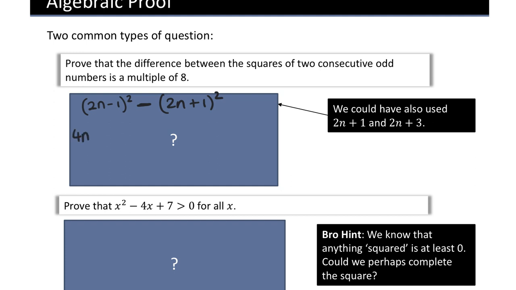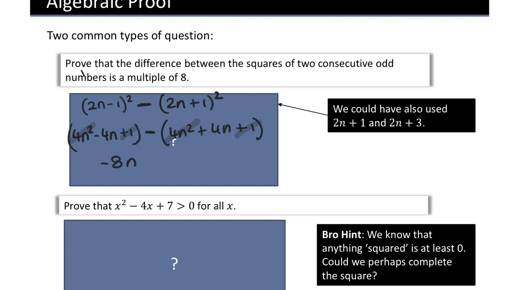I'm going to get 4n squared minus 4n plus 1 minus 4n squared plus 4n plus 1. So now, when I expand this out, I'm going to get 4n squared minus 4n squared minus 4n minus 4n, which is minus 8n, and plus 1 minus plus 1.